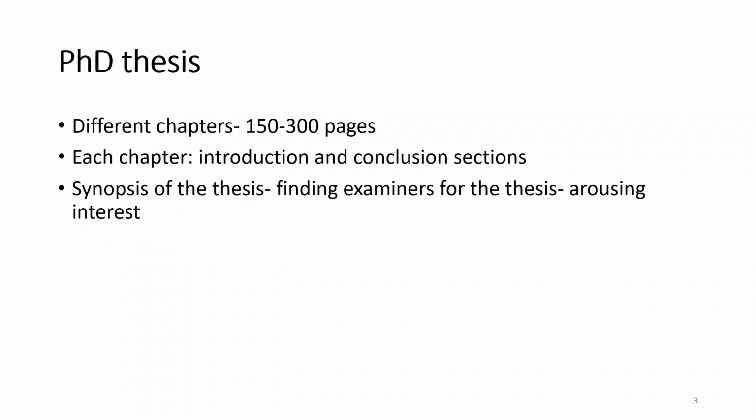On the PhD thesis, it is a bigger version of the papers that we have seen, and it has multiple chapters, which make it a document of around 150 to 300 pages. It has an introduction chapter, in-between chapters depending on your study, and also a conclusion.